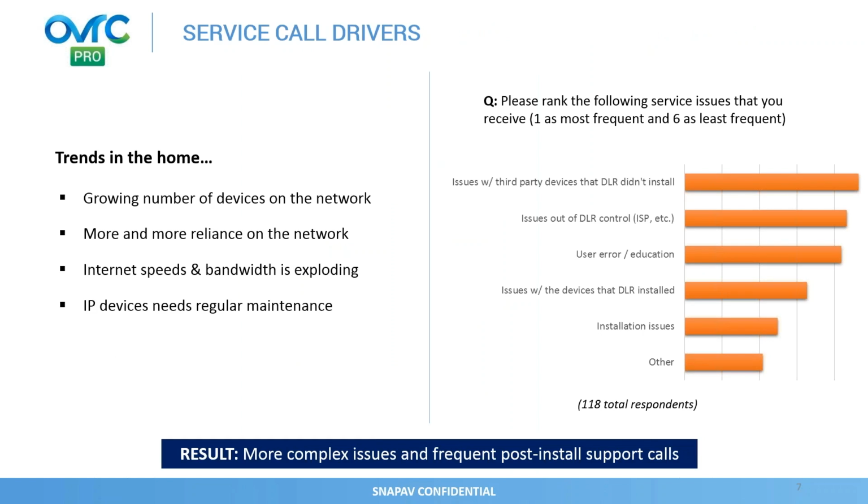We also did some research around what's going on in the industry. As we're all aware, there's a growing number of devices on the network. I don't think it's unrealistic to think that 50 or over 100 connected devices are in each customer's home today, and that's only growing. There's a much heavier reliance on the network for all types of services, including security and entertainment.